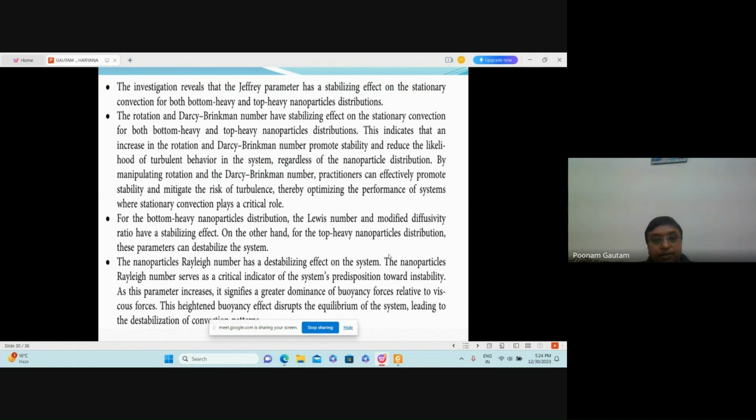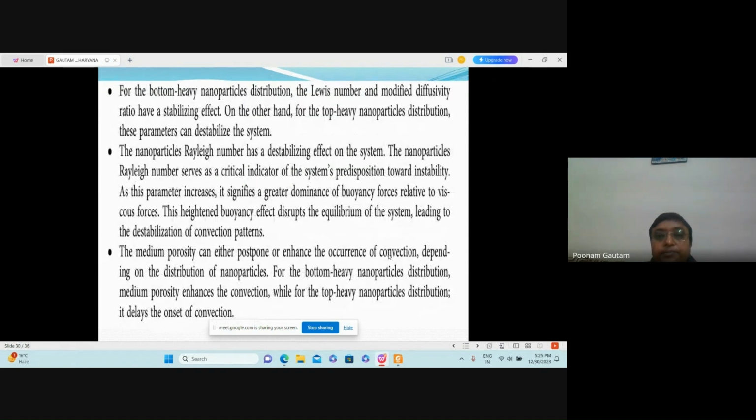It serves as a critical indicator of the system's predisposition toward instability. As this parameter increases, it signifies a greater dominance of buoyancy forces relative to viscous forces. This heightened buoyancy effect disrupts the equilibrium of the system, leading to the destabilization of the convection pattern.